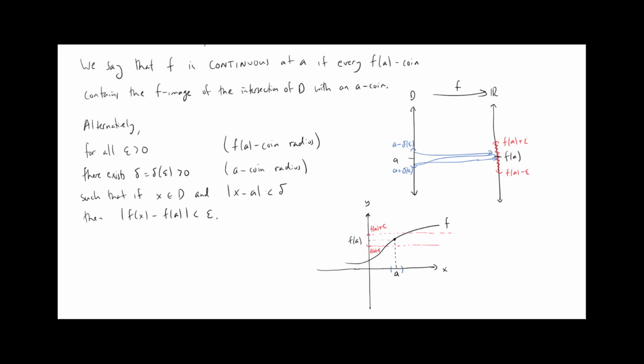Now, when I run these little vertical lines right through the edge of the coin, I see that all of the points lying between these blue lines, the values of those functions really do lie between the two red lines. So if I can get this close to a, then the outputs really will be close to f(a).